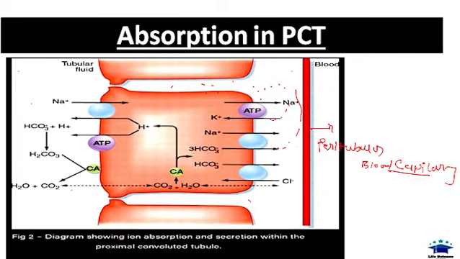So what is the ultimate goal? Via the interstitial fluid, these substances move from the tubular part to the peritubular capillary. For example, this is the part of the nephron and this is the part of the blood.